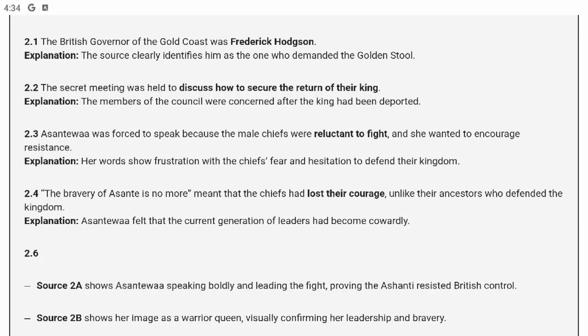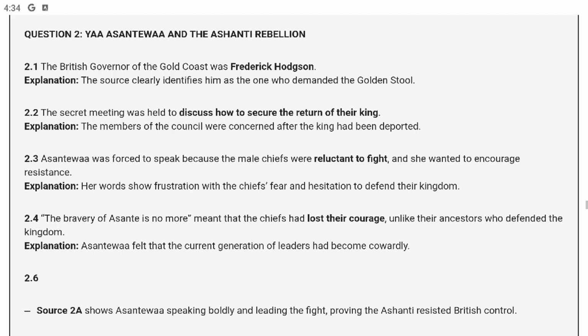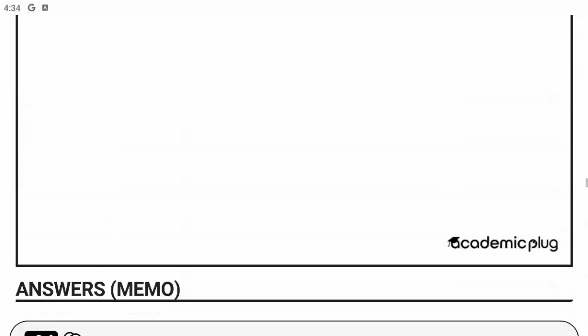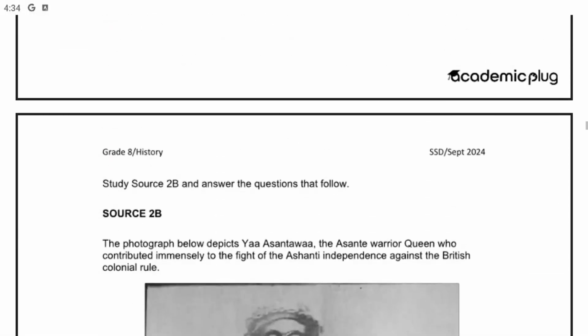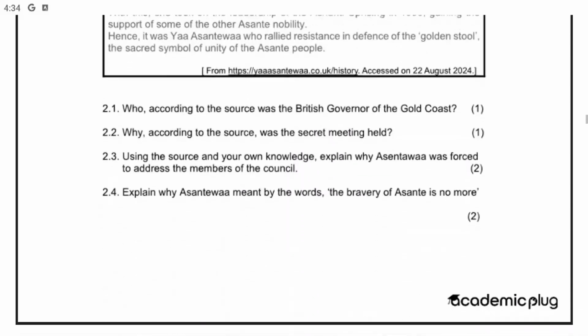Asantewaa was forced to speak because the male chiefs were reluctant to fight and she wanted to encourage resistance. Her words show frustration with the chiefs' fear and hesitation to defend their kingdom. That's what the AI says, right?